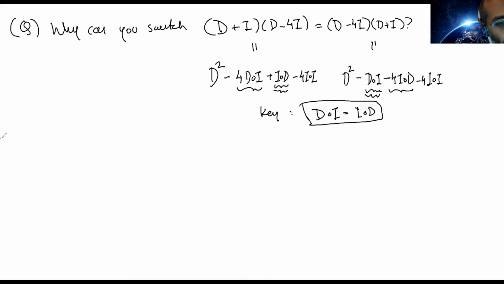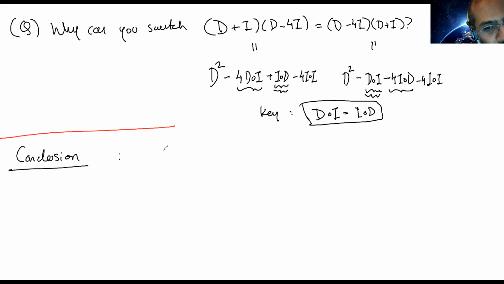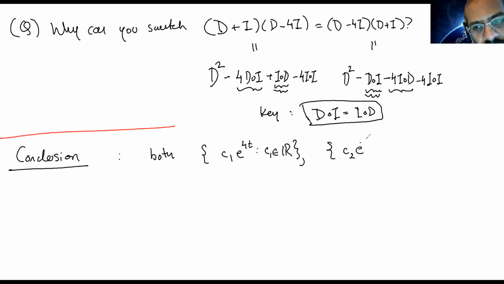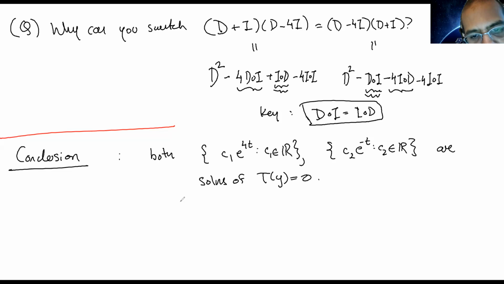So what's the conclusion? Both of these sets are solutions of T of y equals 0. And actually, because the kernel is a subspace, their sums must also be a solution.